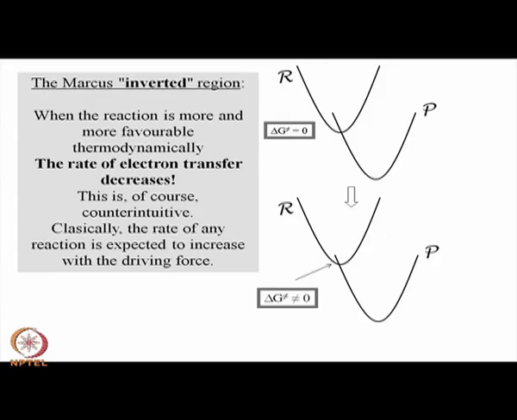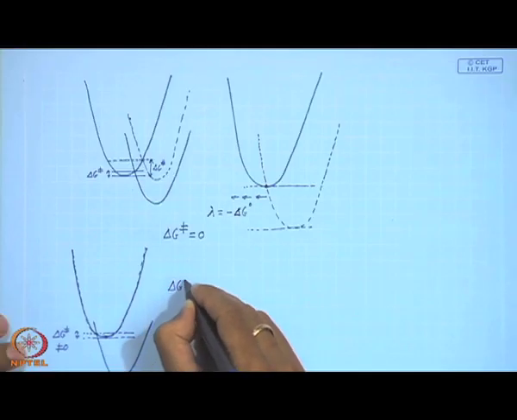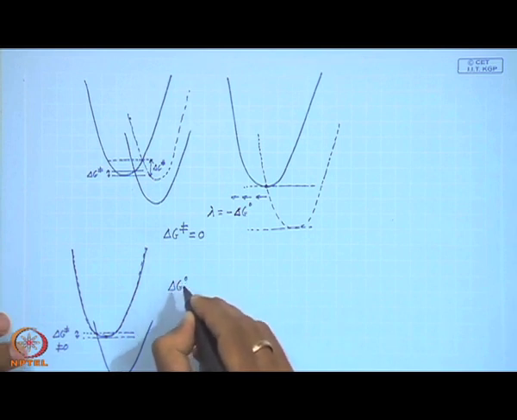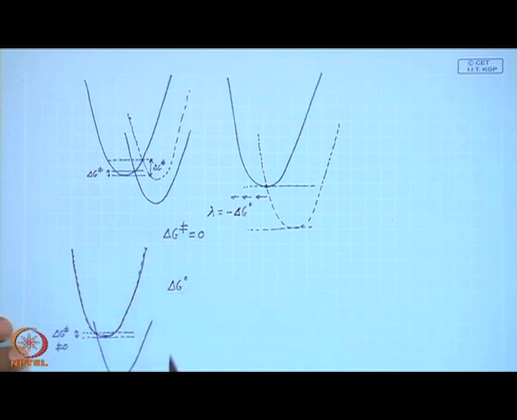Think of classical thermodynamics, then it says that it is more favorable because it is only on the basis of delta G 0, that the more the negative value, the more favorable the process is. So, that is not easily understandable, why this is happening.